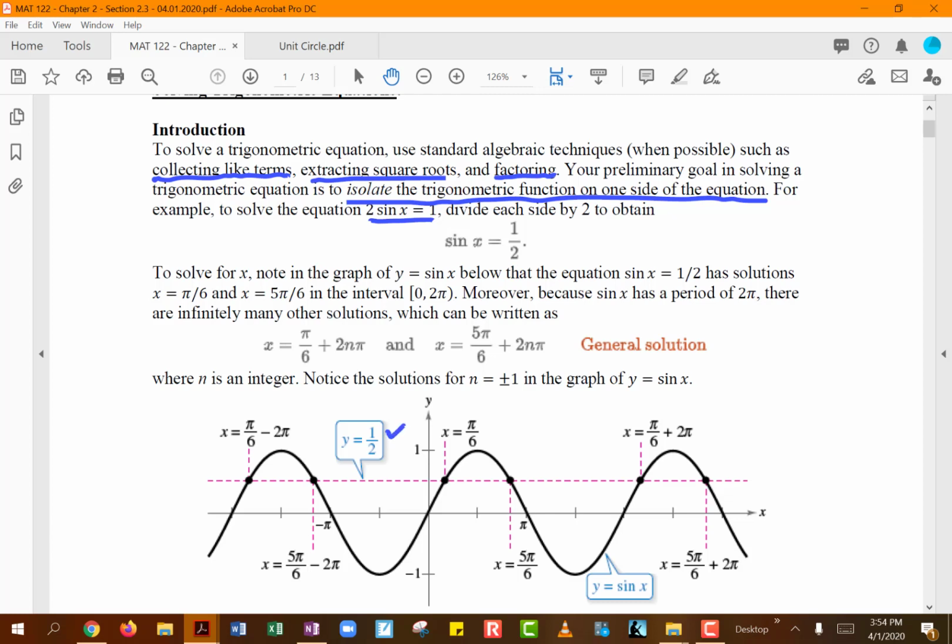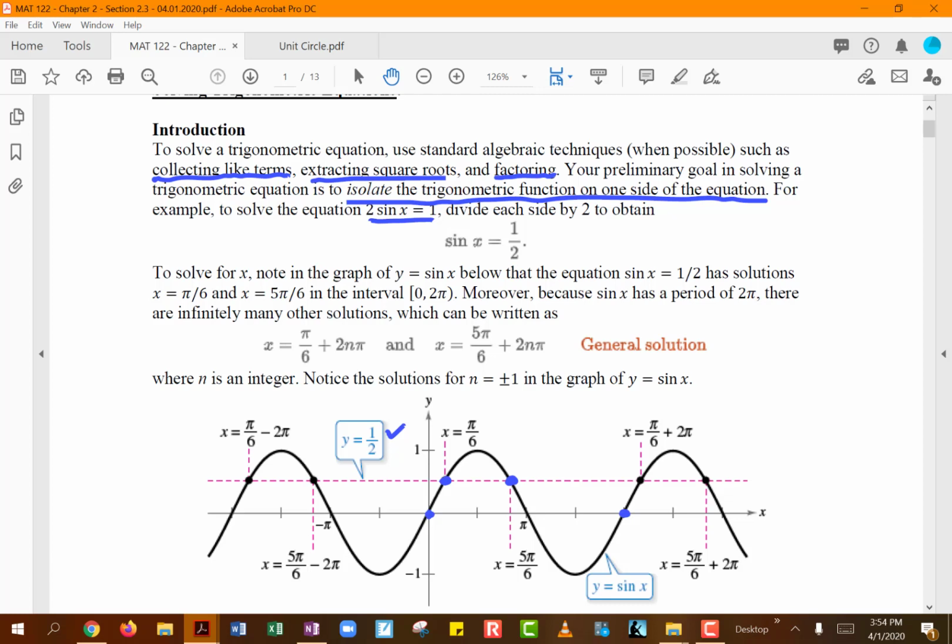They want to know where the function is going to equal 1/2, and you will see that for the interval from 0 to 2 pi, we have sine of x equal to 1/2 when x is pi over 6, and when x is 5 pi over 6. So just looking at the interval from 0 to 2 pi, we have two different values of x where sine is going to equal 1/2.